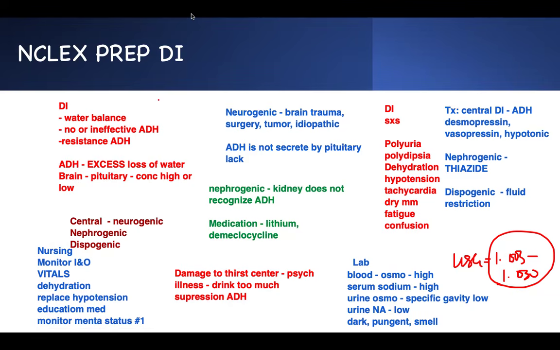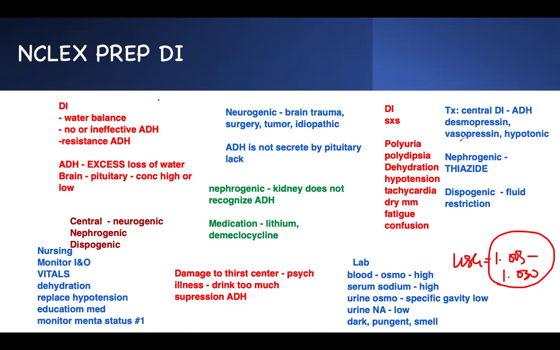Somebody asks what kind of hypotonic solution. Any hypotonic solution. You can give them free water or half normal saline. Don't give them 3%; 3% is used for SIADH. Hypotonic solution is for central.